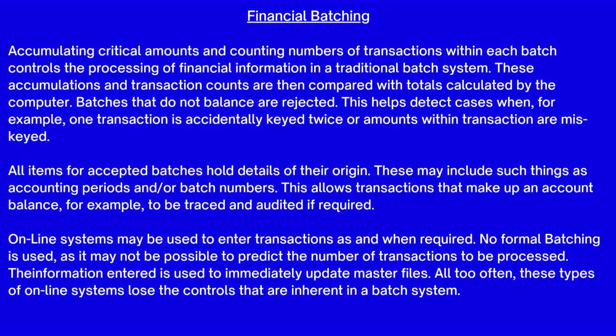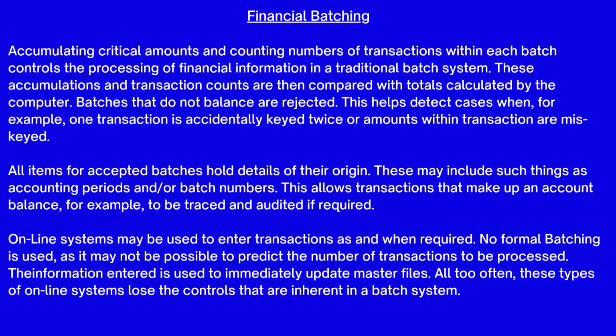This helps detect cases when, for example, one transaction is accidentally keyed twice or amounts within a transaction are miskeyed. All items for accepted batches hold details of their origin. These may include such things as accounting periods and/or batch numbers. This allows transactions that make up an account balance, for example, to be traced and audited if required.